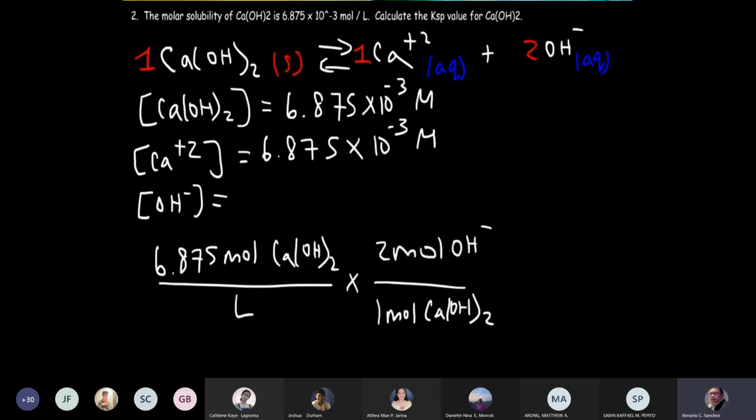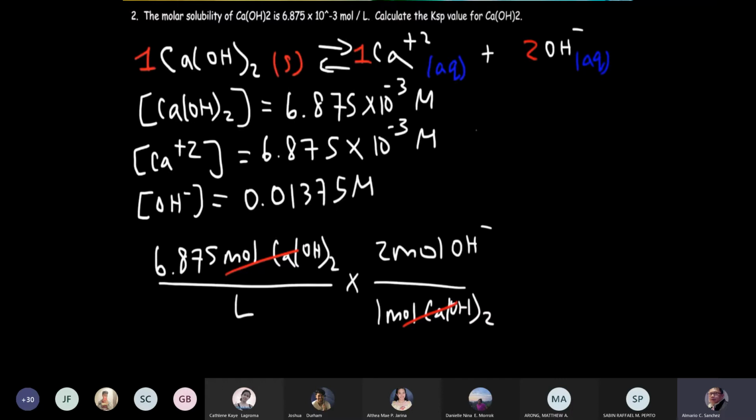And so you can cancel these units, and now you have the concentration of hydroxide in moles per liter. So it's 6.875 times 10 to the minus 3 multiplied by 2. And so the concentration of hydroxide is 0.01375.